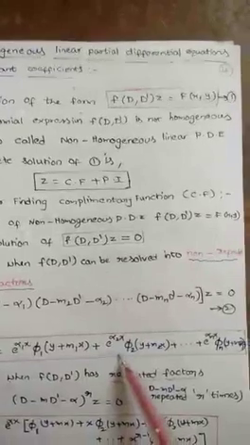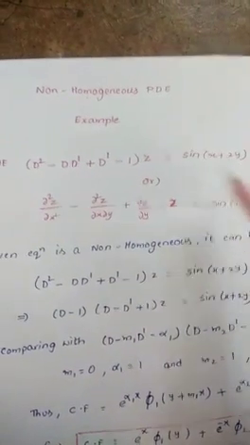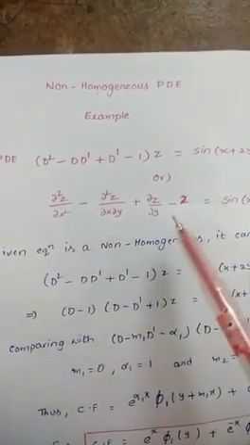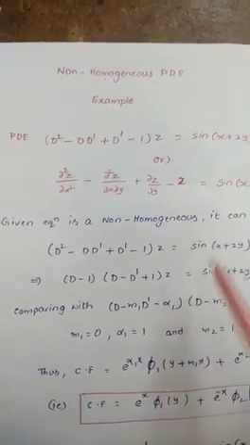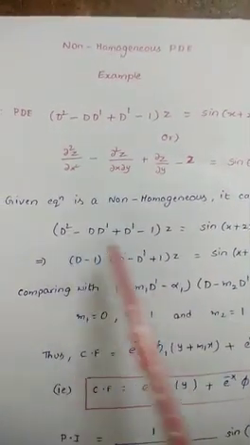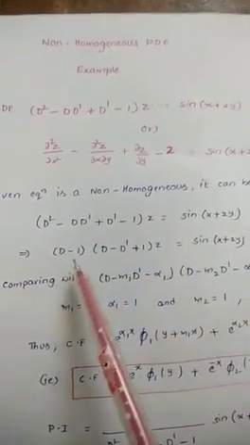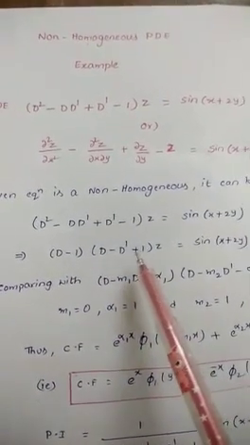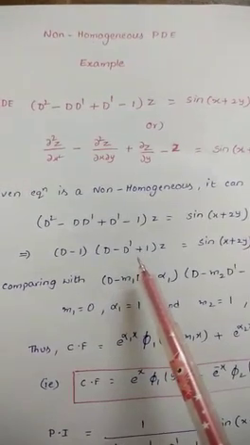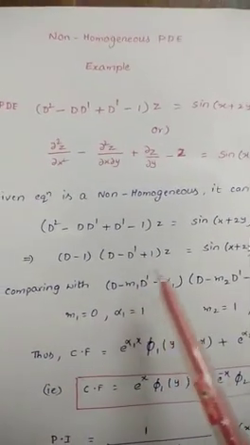We have to remember this complementary function whenever the expression f(D, D') can be resolved into non-repeated linear factors. For example, here the given equation is: solve the partial differential equation. Clearly it is not homogeneous, hence it is known as non-homogeneous. To find the complementary function, the expression can be written as (D - 1)(D - D' + 1). It is split by using the synthetic division method or Horner's method.